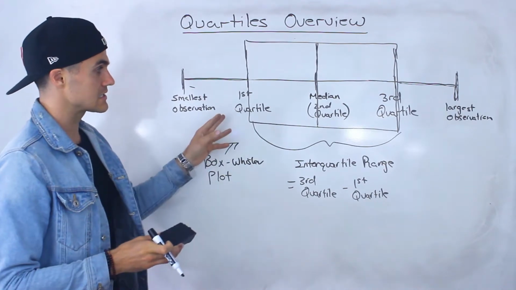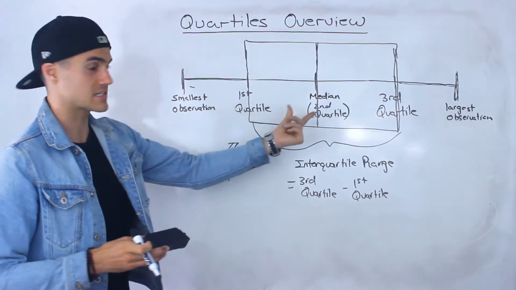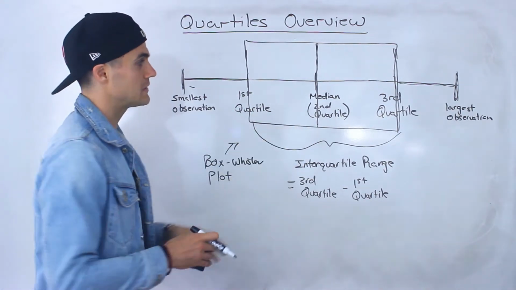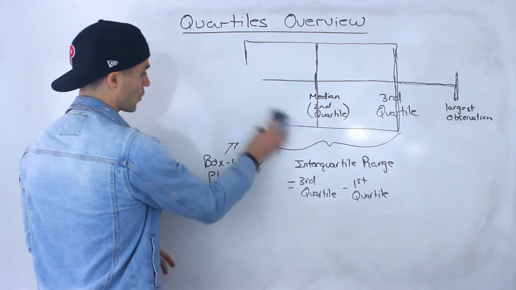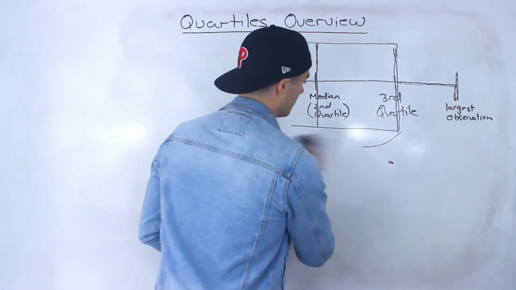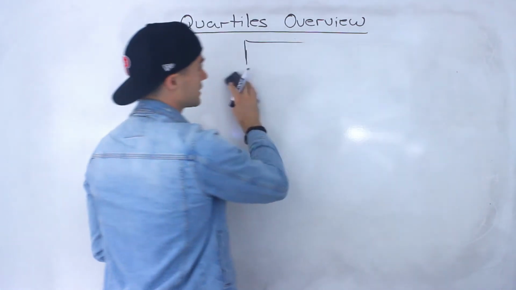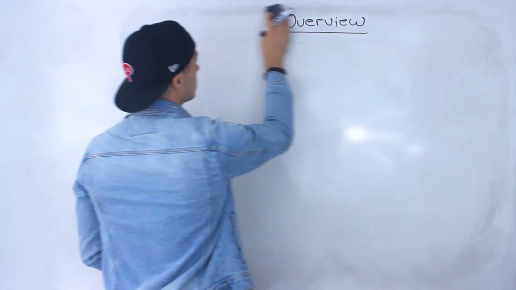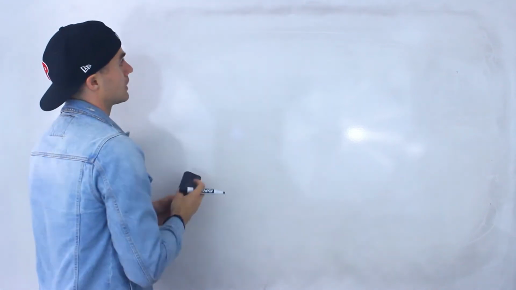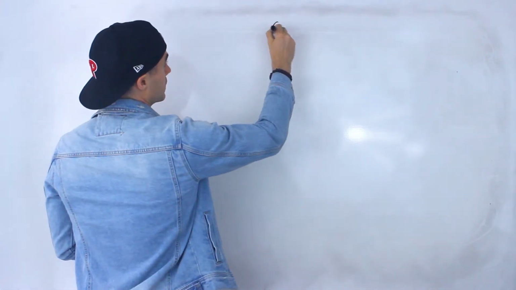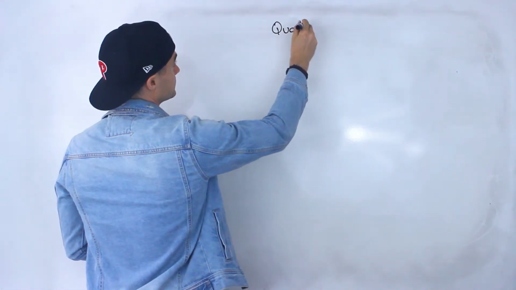So because these quartiles are based on medians, there are going to be cases for quartiles as well. And there are actually going to be more than 2 cases because there are multiple medians. So let me better explain. We're going to have quartiles.